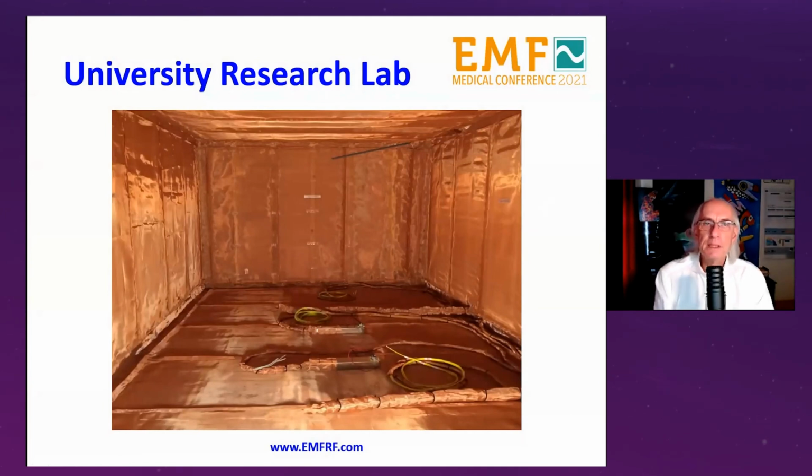Now, this is a picture of a research laboratory. They wanted a room with absolute zero for a university. And so 2 layers are actually installed so that you get a double or a better shielding effect than just 1 layer. But what I want to put your eyes onto is the incoming wires.